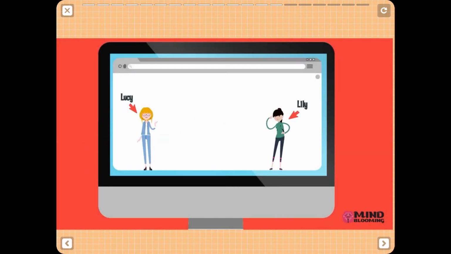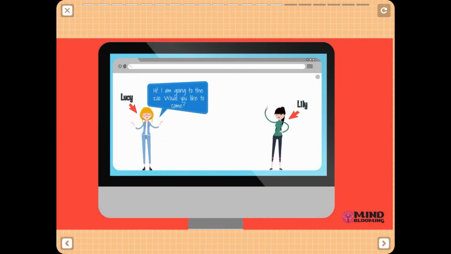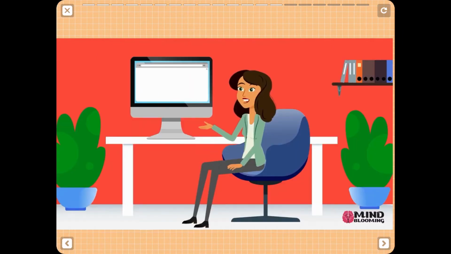In this scene, Lucy says, "Hi, I'm going to the zoo. Would you like to come?" And Lily replies and says, "Yes, I would love to come." That sounds much better. So I don't use my name when I'm talking about myself or your name when I'm talking to you. Instead, I use the pronouns I and you.